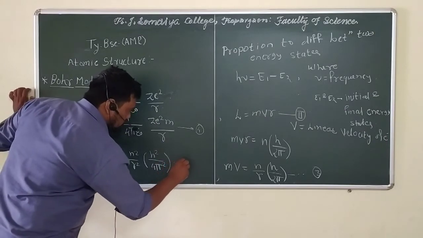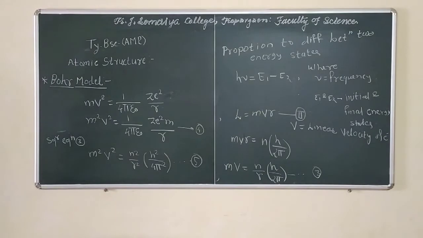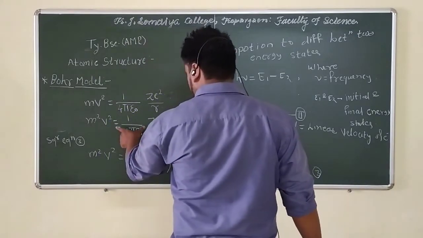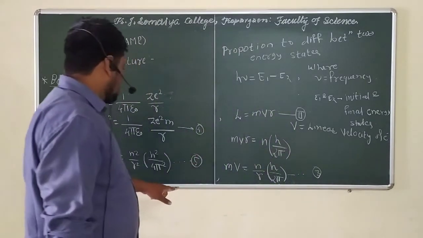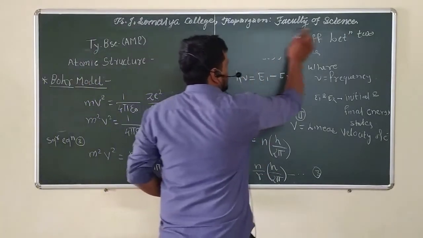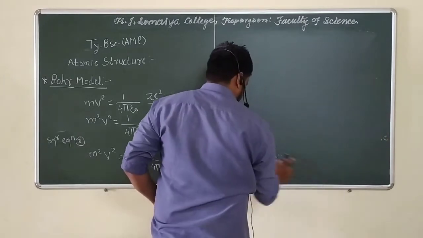Suppose this is equation number 5. So what we want is that the RHS side of the fourth equation and the RHS side of the fifth equation we want to equate both sides, and whatever result comes will be in front of you.